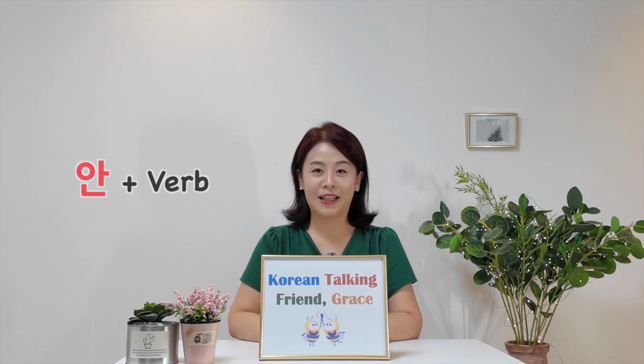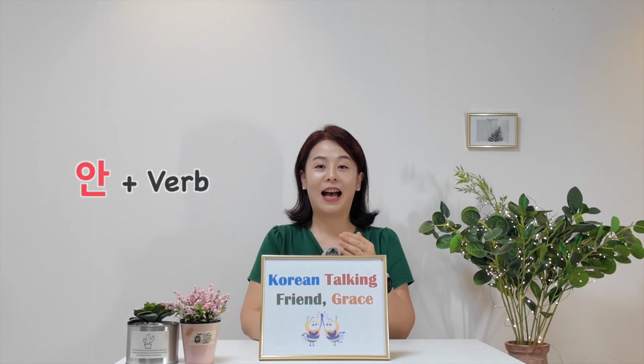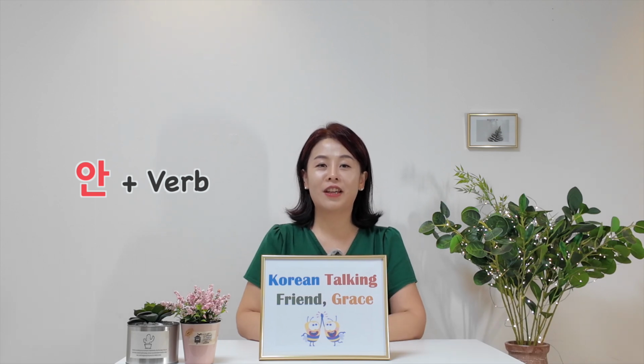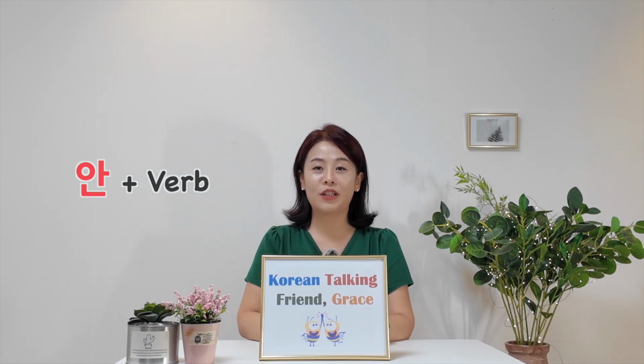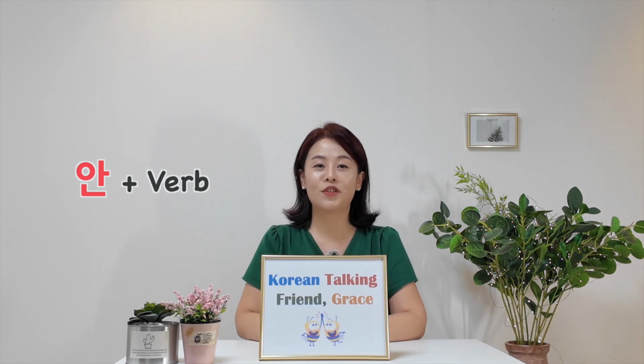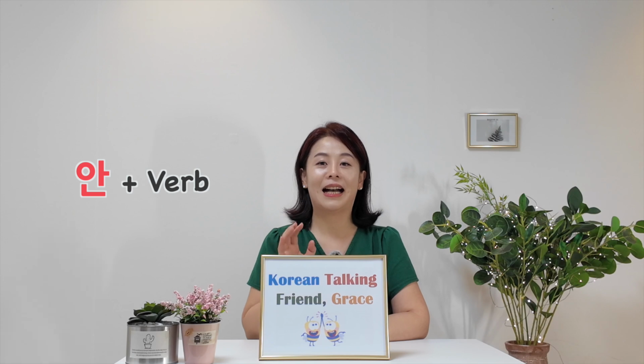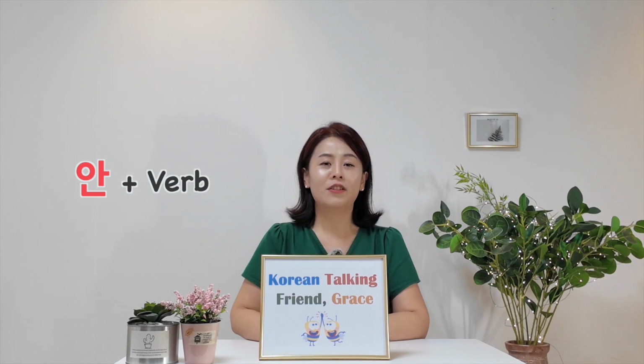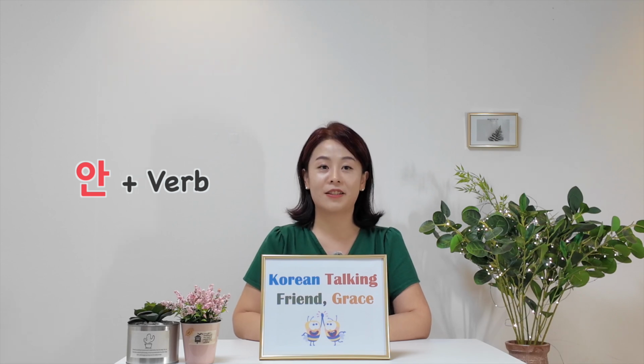First of all, please add 안. Please repeat after me. 안. You can conjugate whatever you want into the past tense, future tense, whichever you want, and then just add 안. Not in all cases and not always, but it can make a negative sentence.